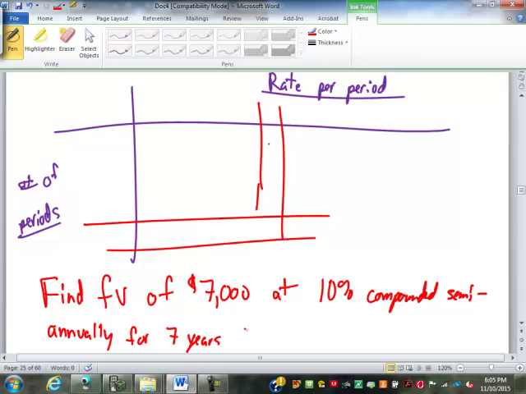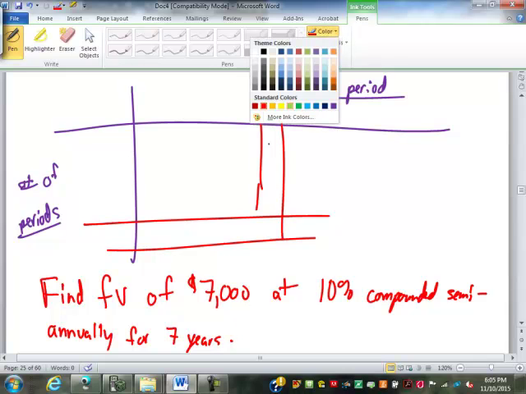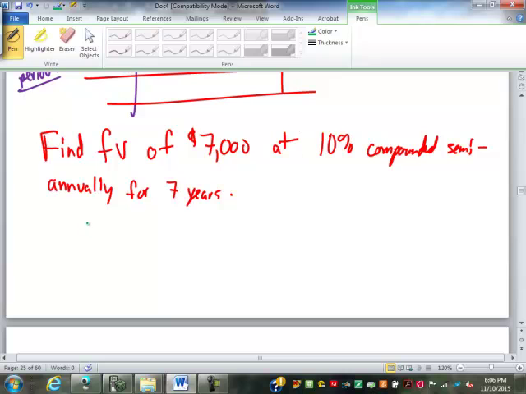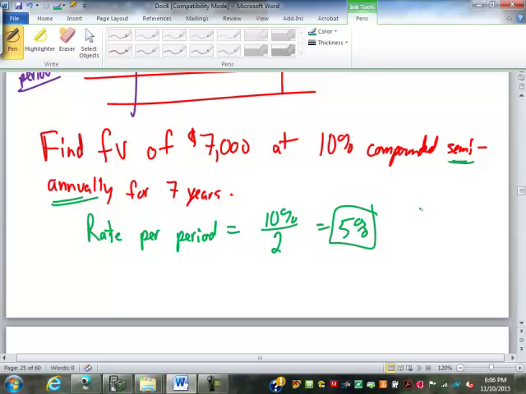Yes, it is. Good. So what we have here, rate per period we need to find. 10%, divided by how many periods are in a year? Semi-annually means 2 periods a year. So 5% is my rate per period.